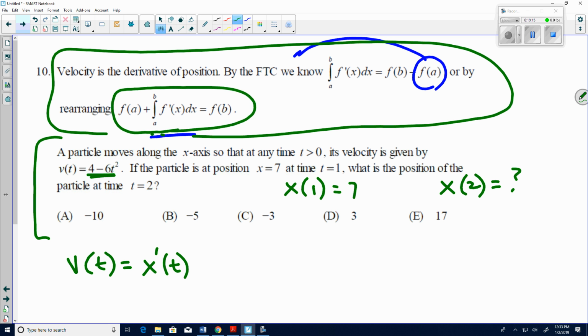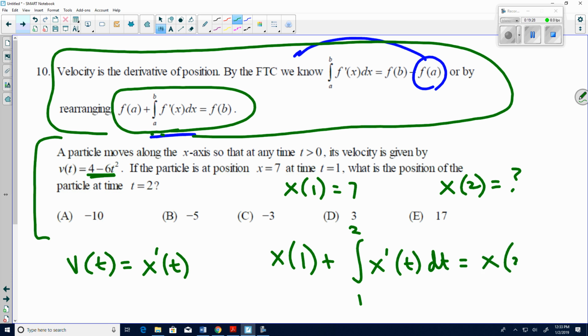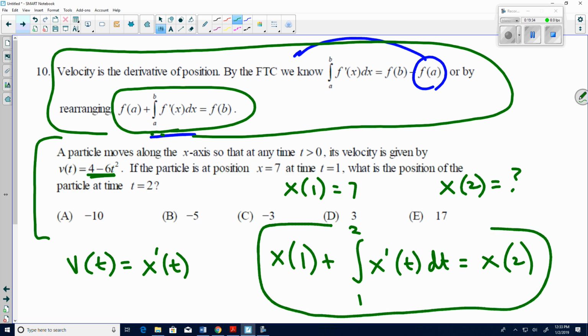Let me do it in terms of x. x of 1 plus the integral from 1 to 2 of x prime of t dt will give us x of 2. Right? And if you look at this, it matches up very nicely with this expression right here.